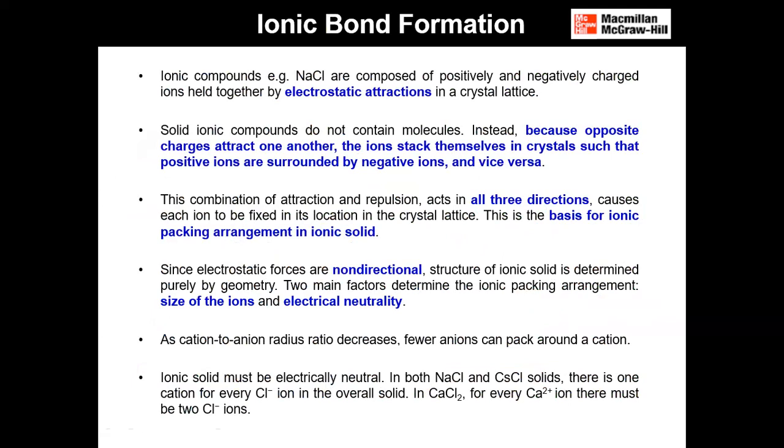The ions stack themselves in the crystal, such that positive ions are surrounded by negative ions, or the opposite. Electrostatic forces are non-directional, so you have to remember that. And as the cation to anion radius ratio decreases, fewer anions can pack around the cations.